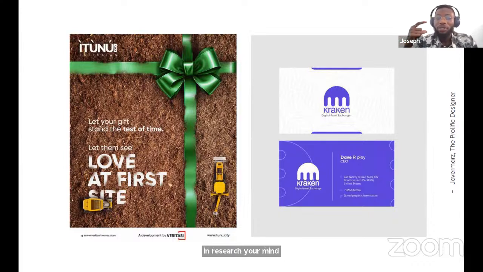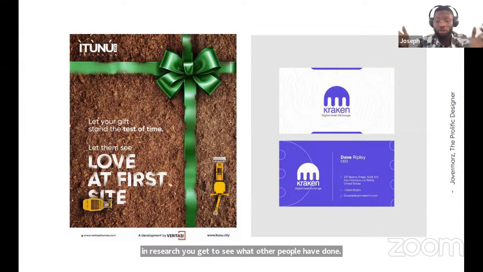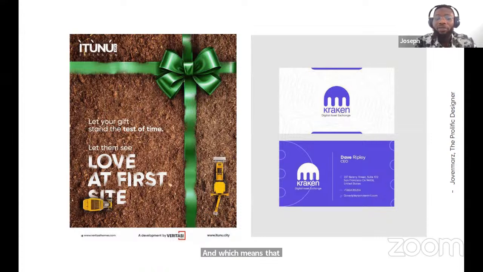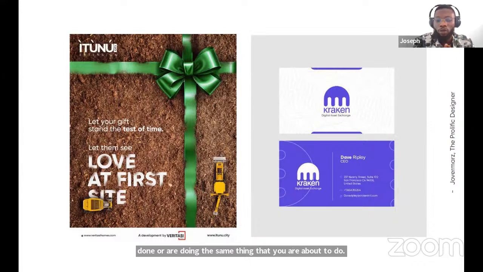In research, you get to see what other people have done. And guess what? We are over 10 billion people in the world, which means that at least another 1 billion people have done or are doing the same thing that you are about to do. Which also means that there are examples for you to see.